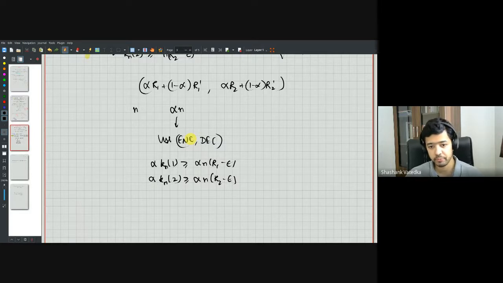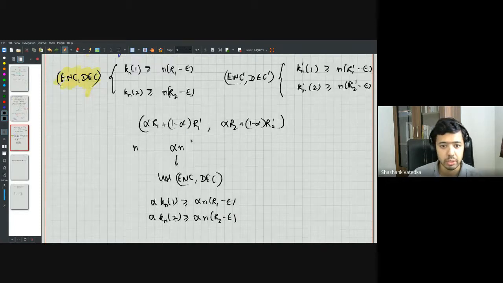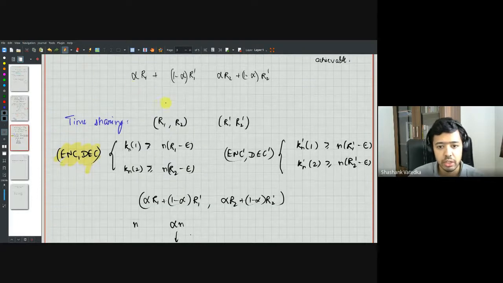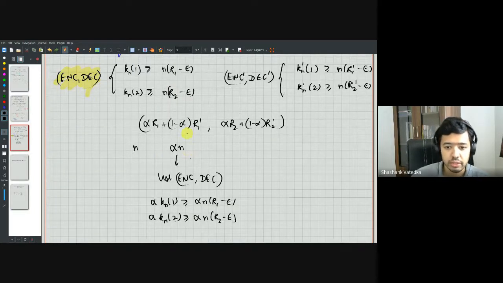Both transmitter 1 and transmitter 2 are going to be transmitting in the first alpha n channel uses, but they're going to use one coding scheme. Let me call this coding scheme A, and let me call this coding scheme B. So in the first alpha n channel uses, you use coding scheme A.